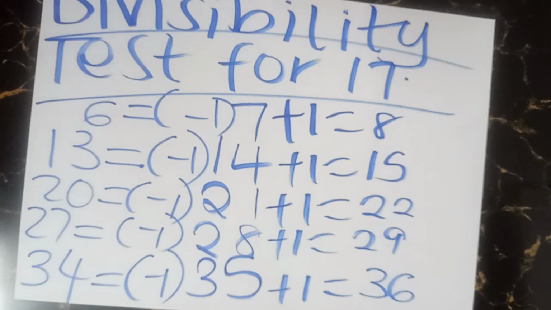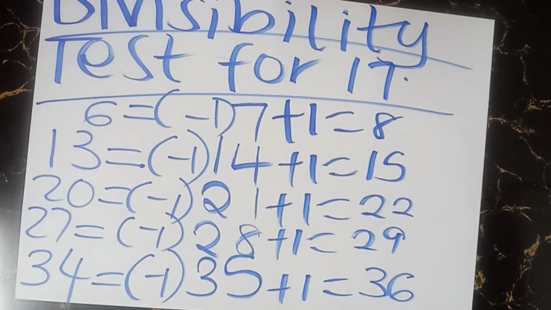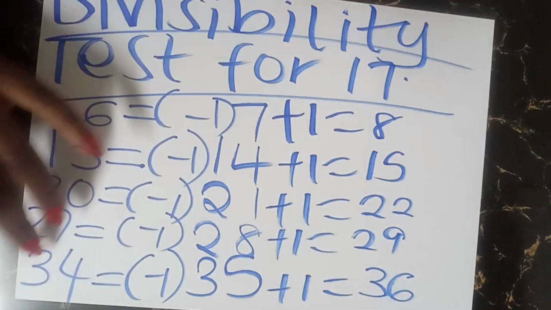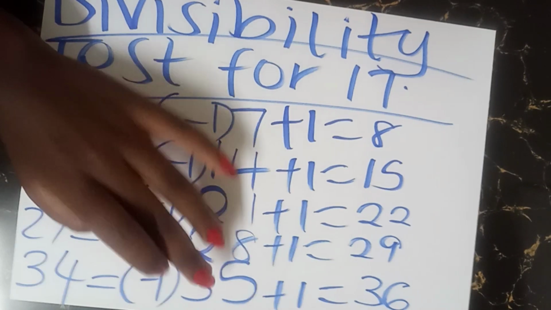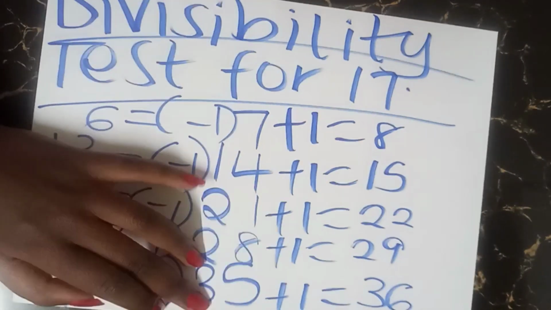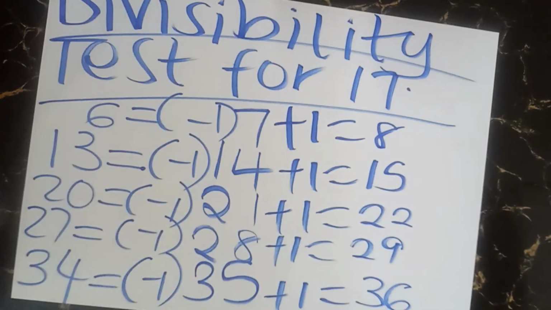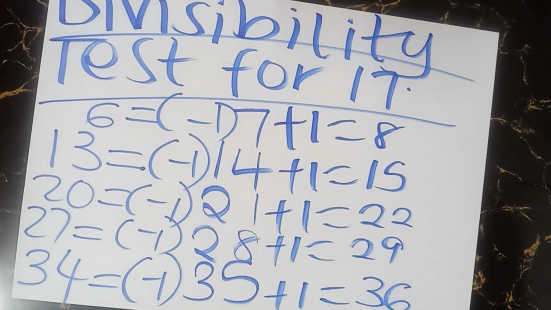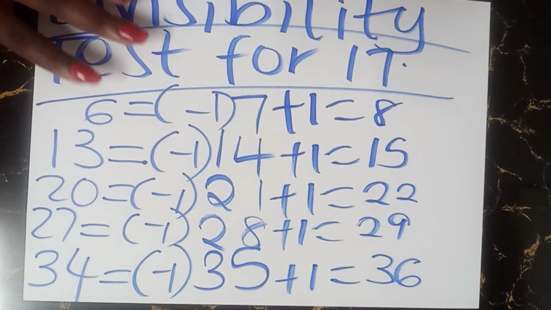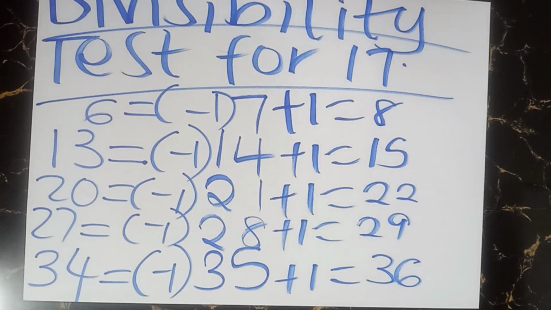So where is 35 in table 7? 35 is here: 5 times 7 is 35. That means we'll multiply the digit in the ones place of the number you've been given by 5 and then subtract from the remaining digits.